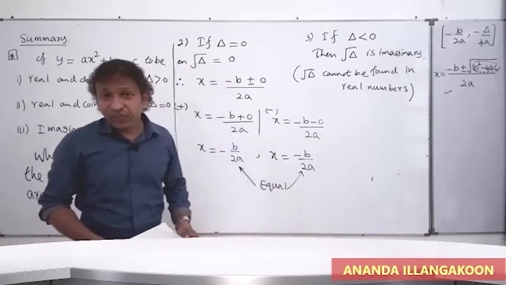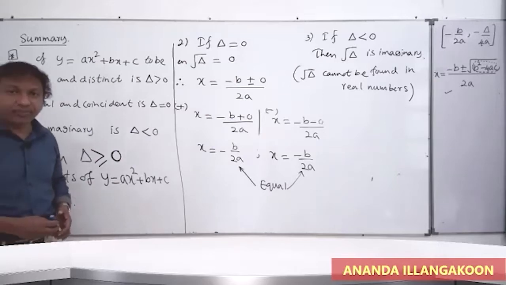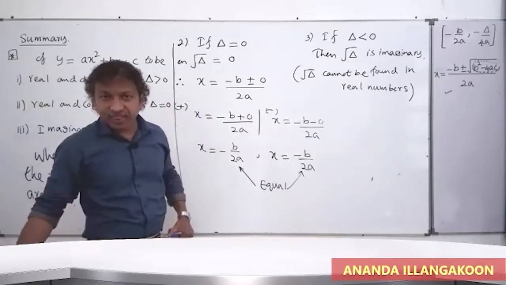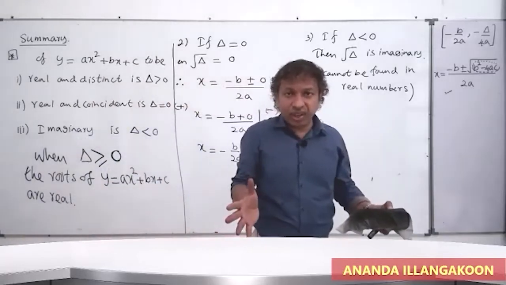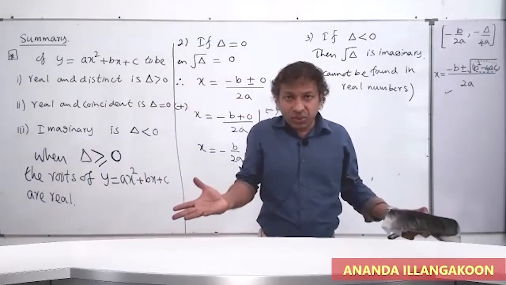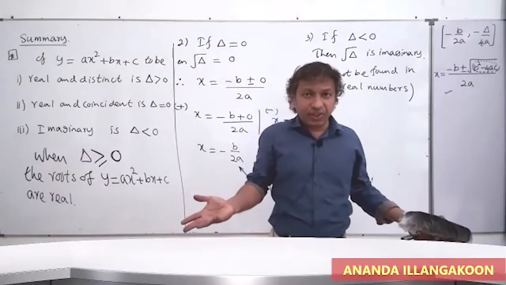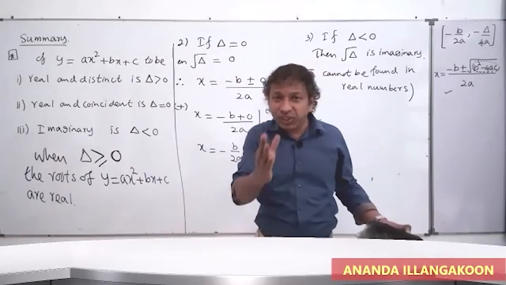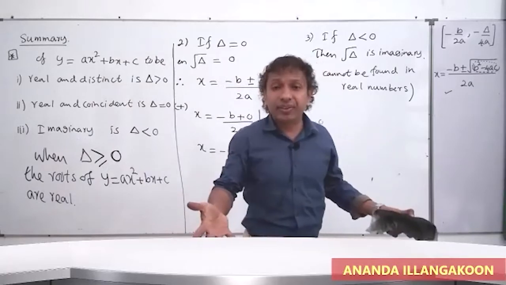People, now we can match this situation with the graph. Last week we learned the different types of graphs showing real distinct roots, real coincident roots, imaginary roots. Now we can give for each graph the mathematical condition for them to be like that.